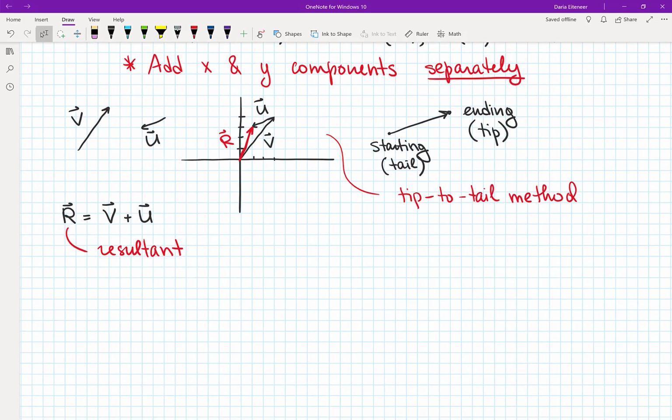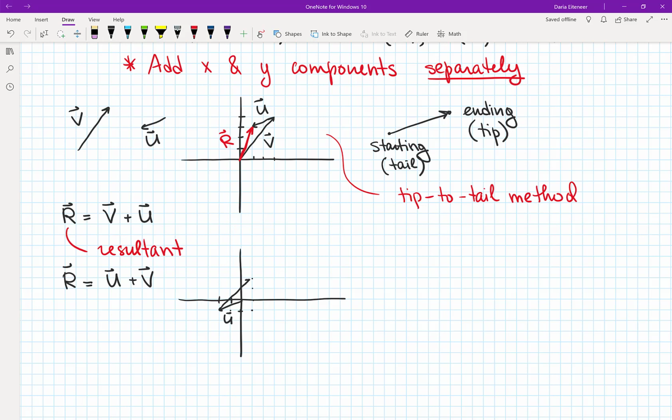We'll do another example in just a second, but let's see what happens when we reverse the order of these vectors. So I'm going to this time start with u and then place the tail of vector v at the tip of vector u. So from the tip of u, I'm going to go 3 units to the right and 4 units up.